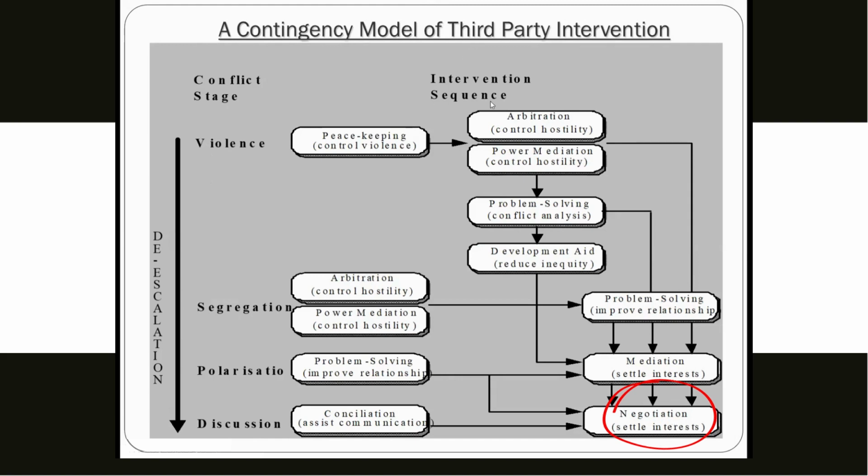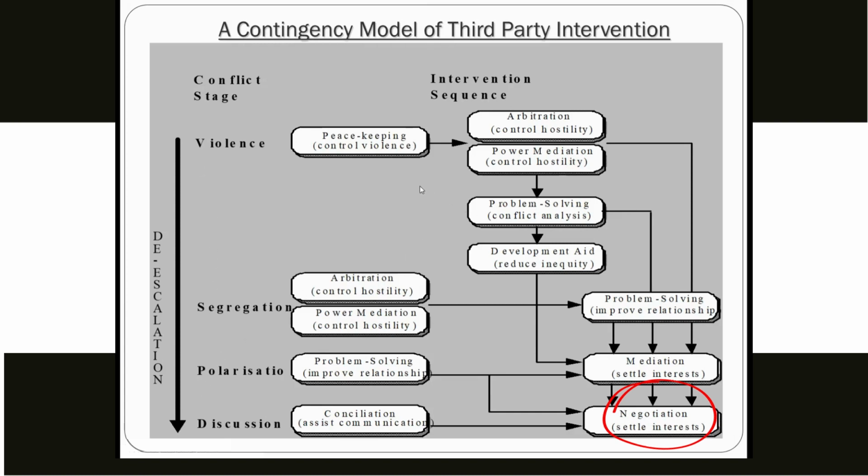But before coming to the negotiation, there are many efforts required, especially in prolonged conflict. Sometimes we use arbitration, sometimes we may use power mediation, problem solving, and conciliation, etc.